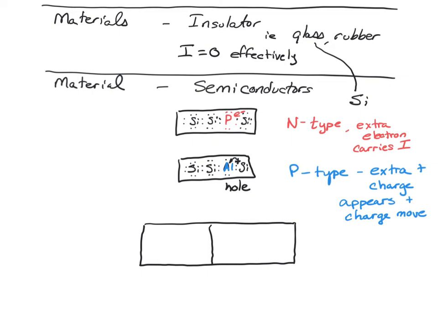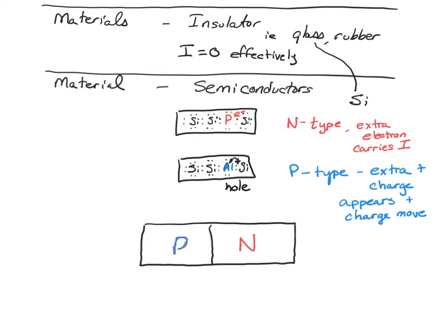So I have the P-type on one side, and I have the N-type on the other side. I'm sorry, I reversed those. Let me fix that. This is going to be the N-type and P-type.